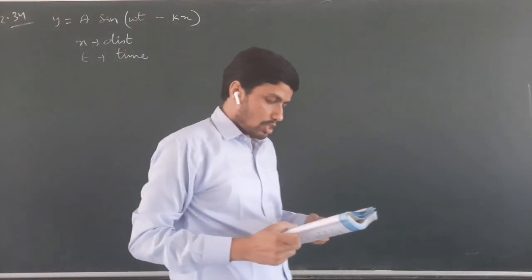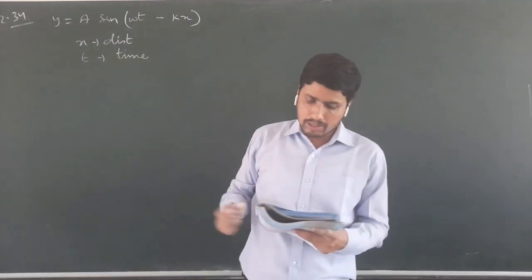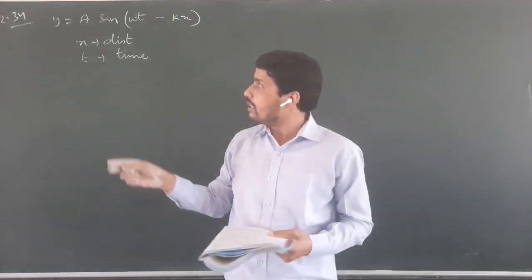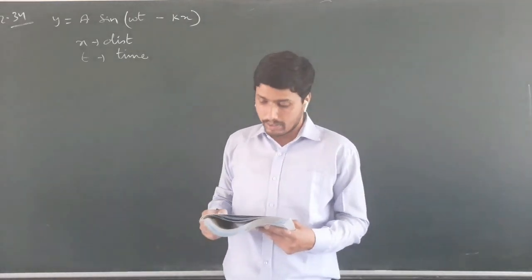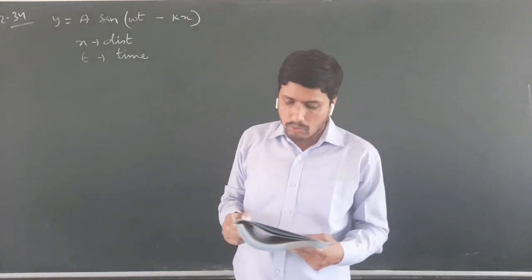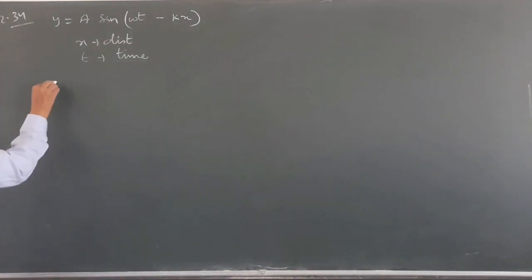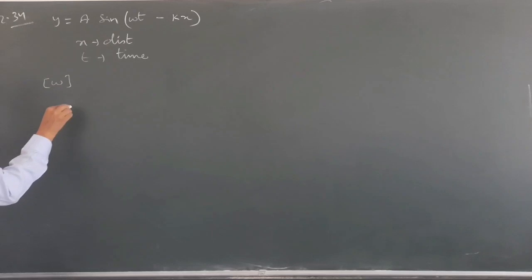Now the question: the displacement of a progressive wave is represented by this equation, y is equal to a sine omega t minus kx, where x is distance and t is time. Write the dimensional formula for omega and k. So we have to find these.